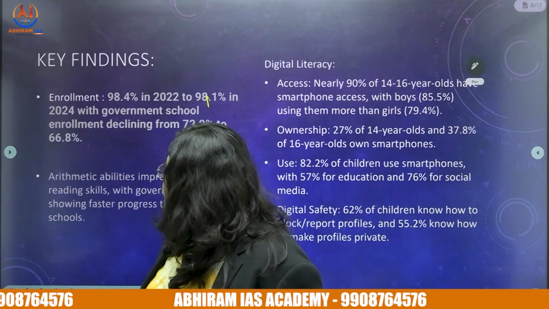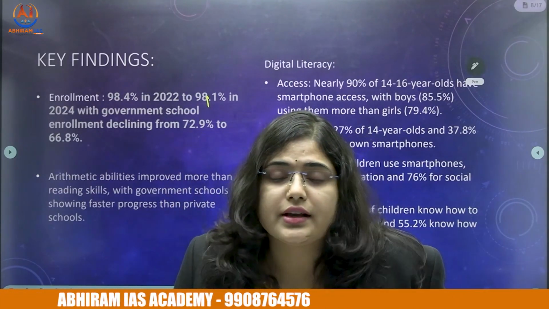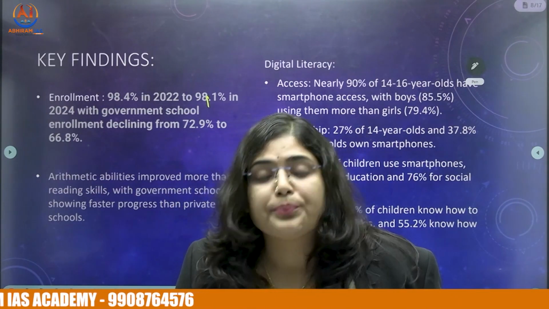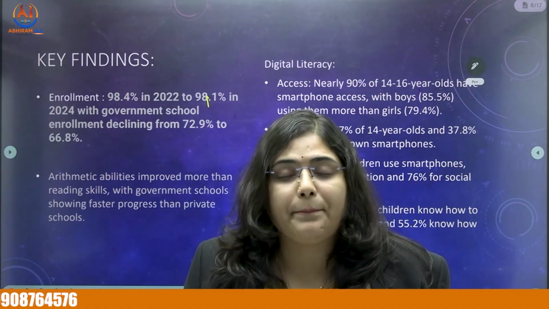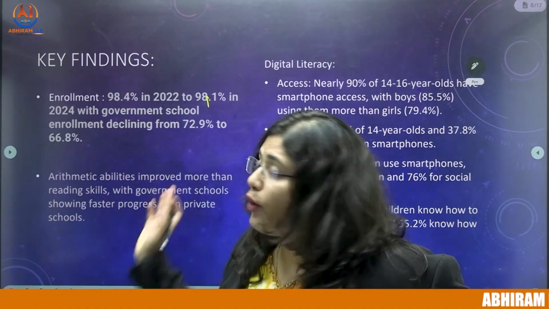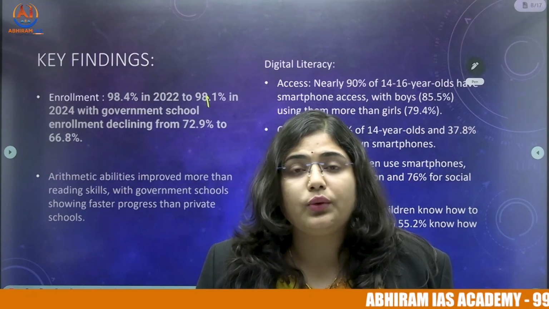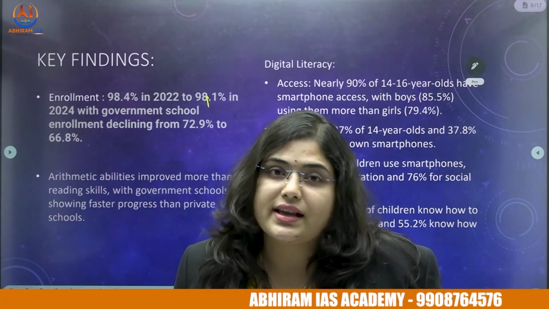Okay, so now we have all the important key findings of the report 2024. Let us try to remember and make note of the important key findings, which we can quote in our examinations.